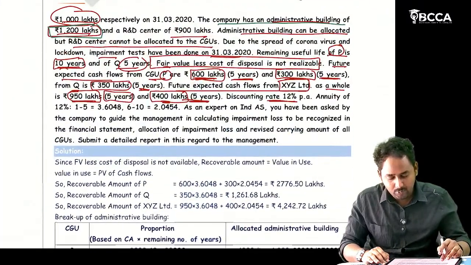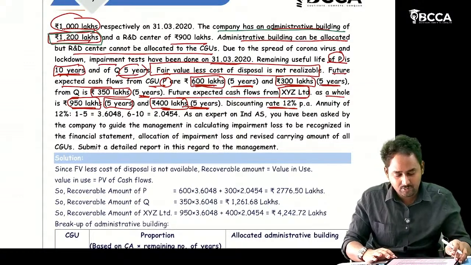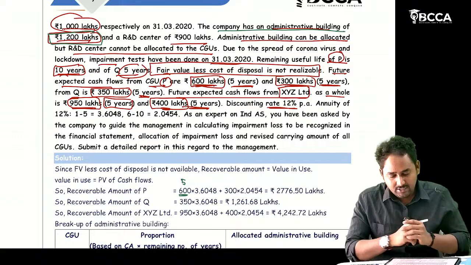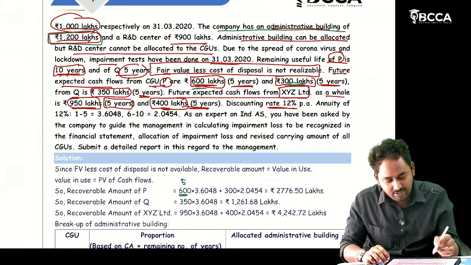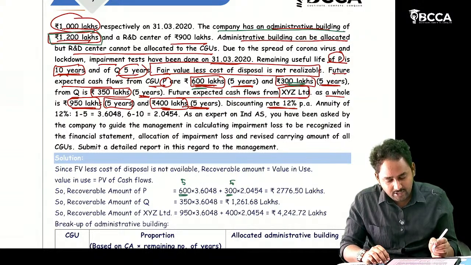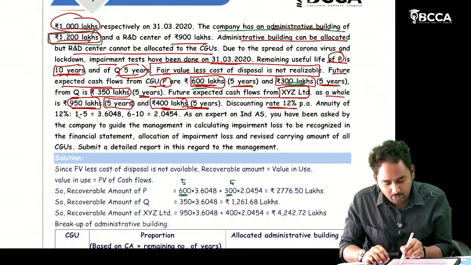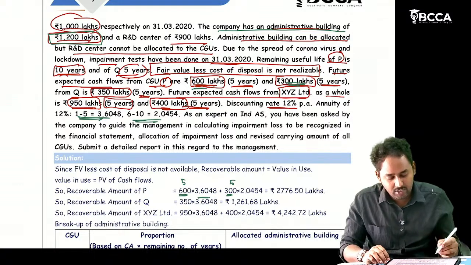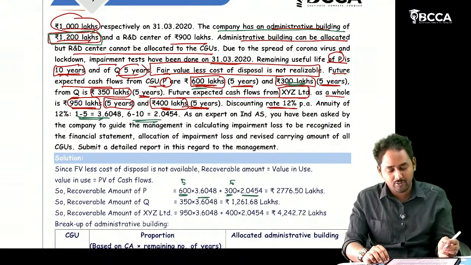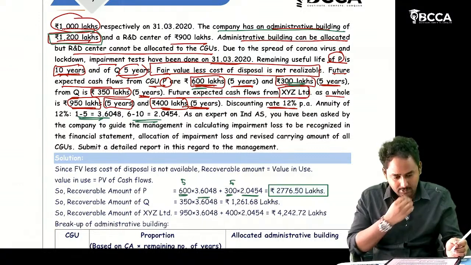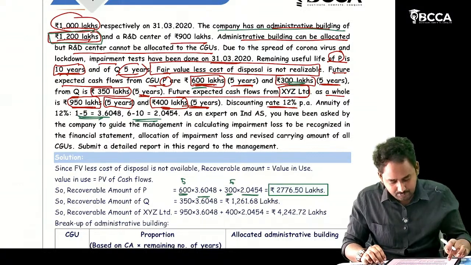The recoverable amount means the present value of the future cash flows. Up to 5 years it is 600 and the remaining 5 years it is 300. The discount factor for years 1 to 5 is 3.6048, and for years 6 to 10 it is 2.0454. Then the recoverable amount of P is 2776.50.